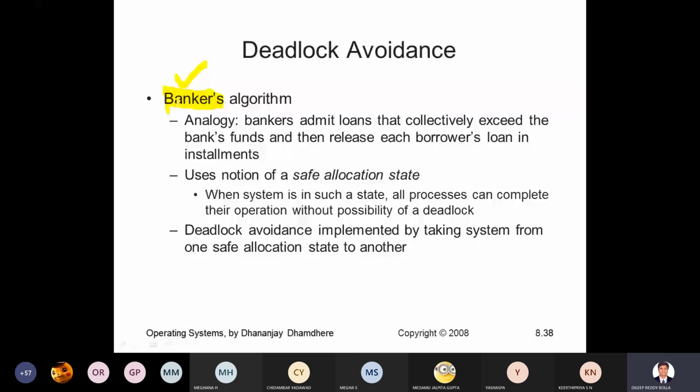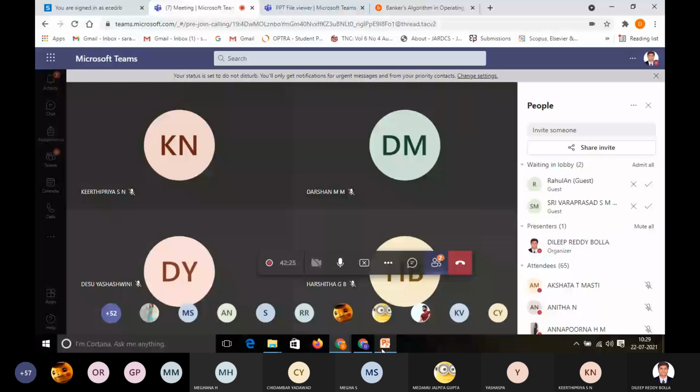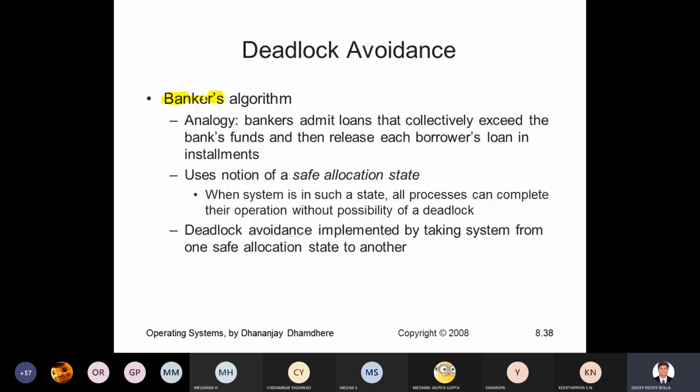Okay. So let us check what is happening here. In this banker's algorithm, let us see what was happening. What is the analogy here? Bankers will not admit loans that collectively exceed the bank's fund.